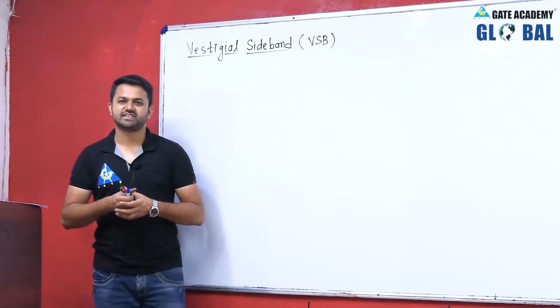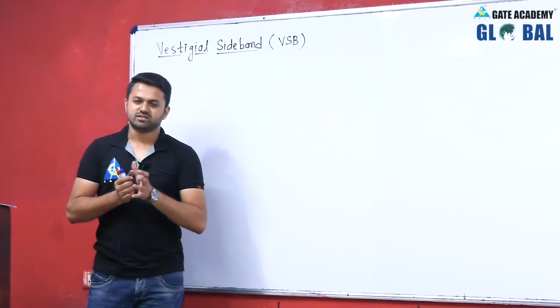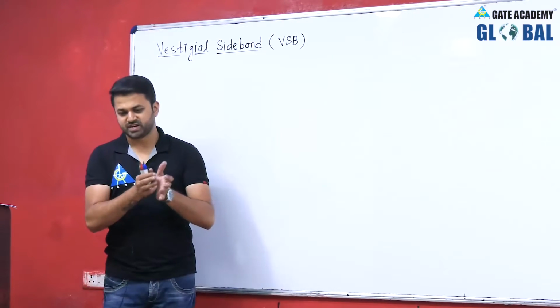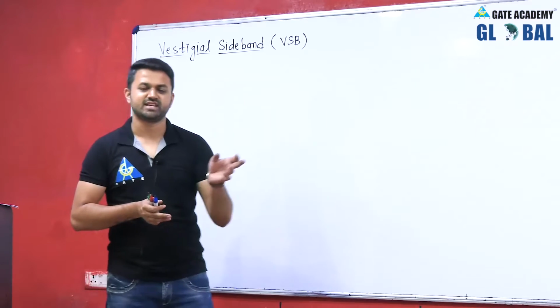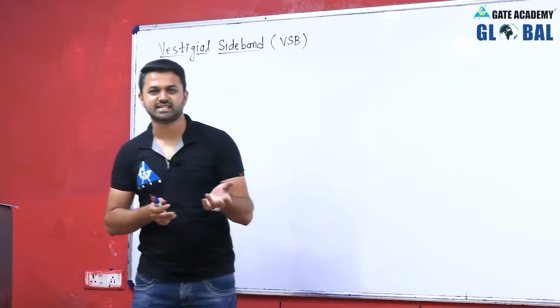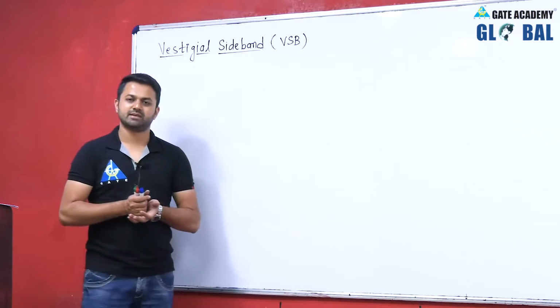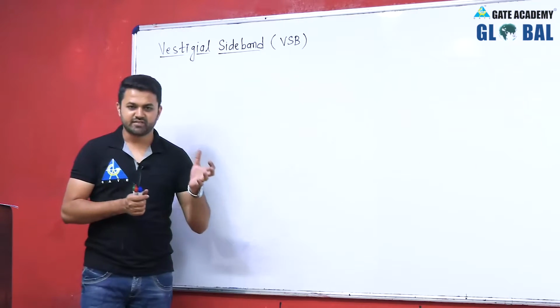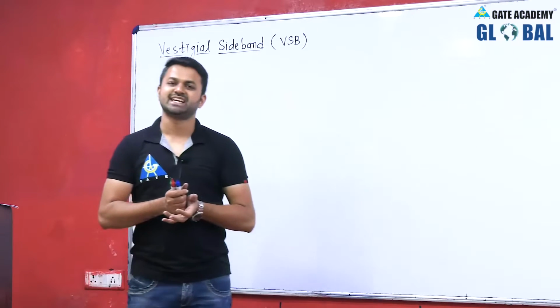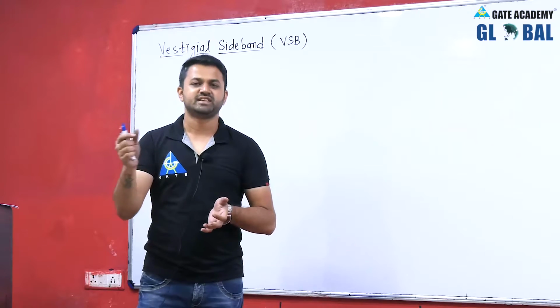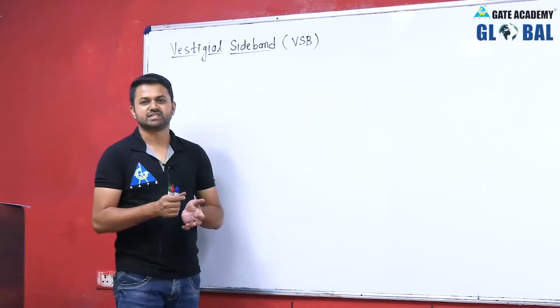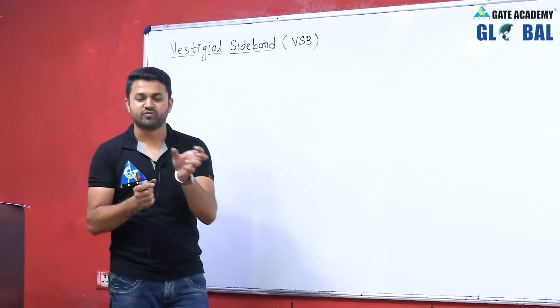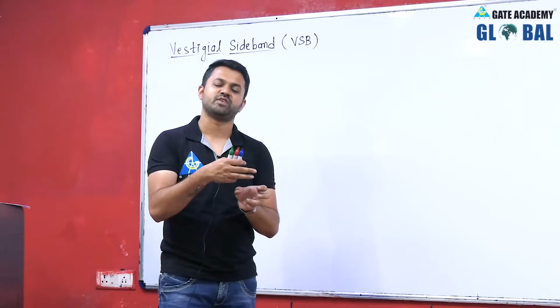So our next topic is vestigial sideband. We know that from the types of amplitude modulation there are 3 types: double sideband suppressed carrier, single sideband suppressed carrier, and vestigial sideband suppressed carrier. The advantage of vestigial sideband is in TV transmission. In TV transmission, the video signals have a low frequency range, in which there is a lot of information.